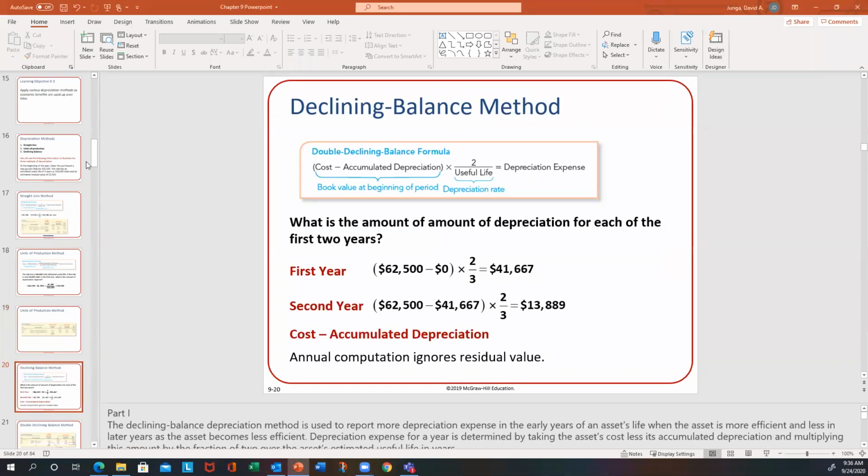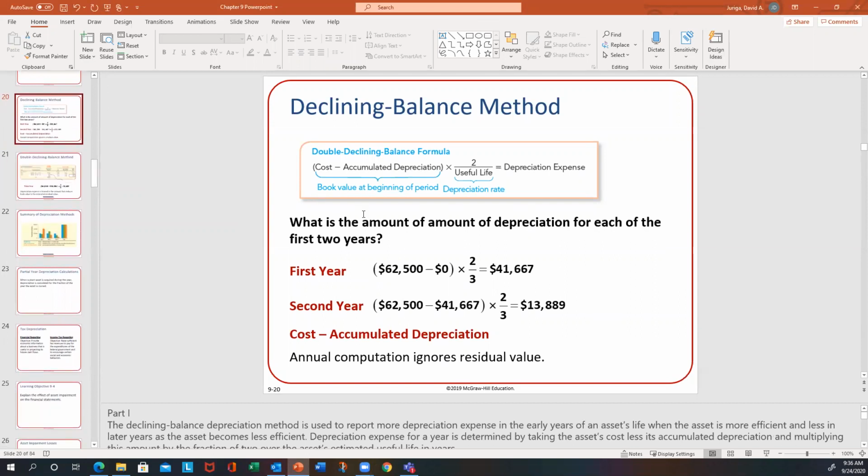All right, now under the declining balance method, this method is based on your book value. So notice you don't take cost minus residual value, you take cost minus accumulated depreciation. That's going to be your depreciable base. And with the declining balance method, it depends on what they want you to do. In this example, it's double declining balance.